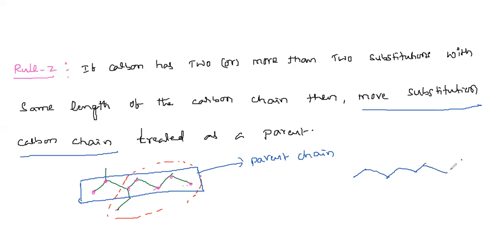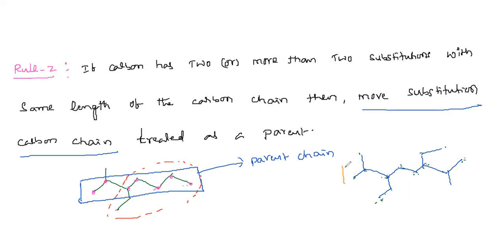For example, this is a molecule. Here, in this case, if you consider 1, 2, 3, 4, 5, 6, 7, 8, going in any direction we get the same length.